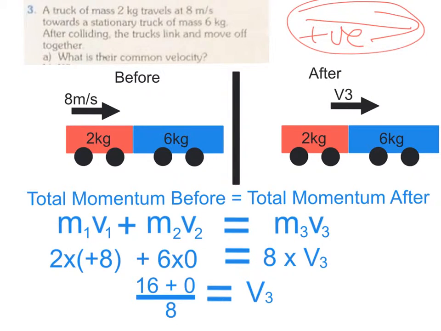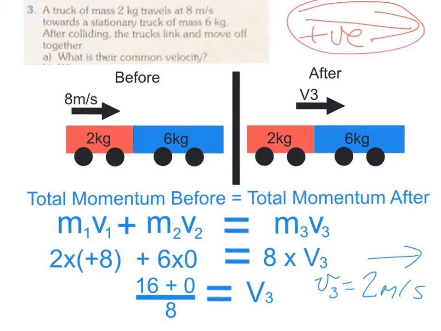So 16 plus 0 over 8 equals v3, and that means v3 equals plus 2. So v3 equals 2 meters per second that way.